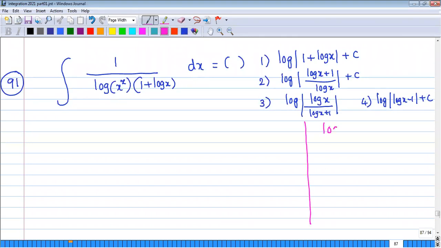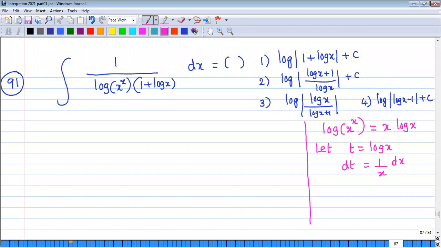Here, the log of x to the power of x means the power rule you can use. This we can write as x log x. Then let t is equal to log x. You get dt by dx is equal to 1 upon x, so dt is equal to 1 upon x dx.